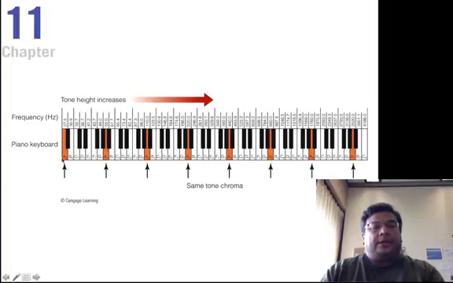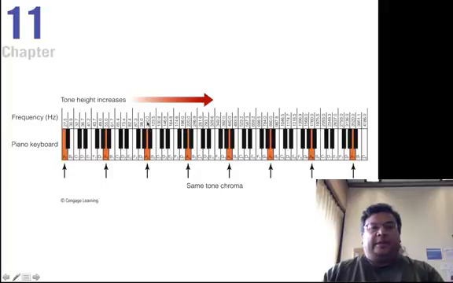Notice also that you get this A note, the lowest A, and then you go up another octave to the next A, another octave to this A, another octave to this A. Each change in octave is a multiple of the fundamental frequency. So the fundamental frequency is 27.5 hertz. 27.5 times 2 is 55, and then it doubles again to 110, right?